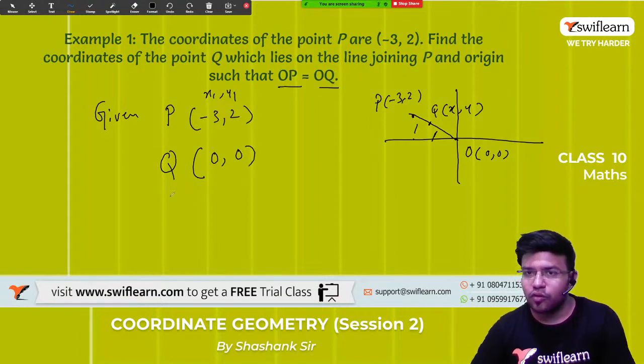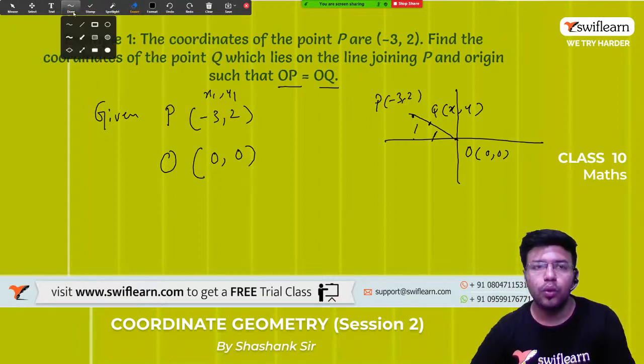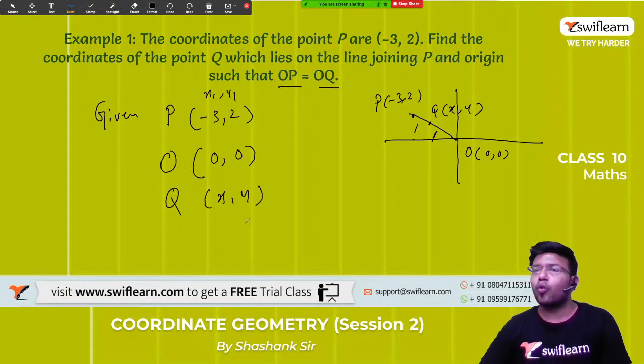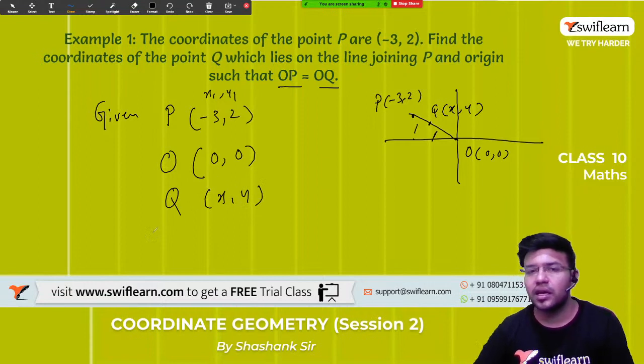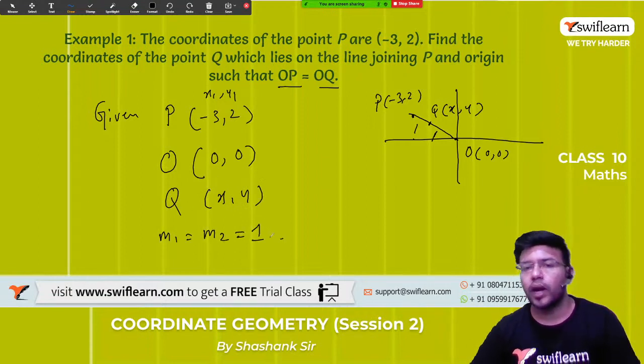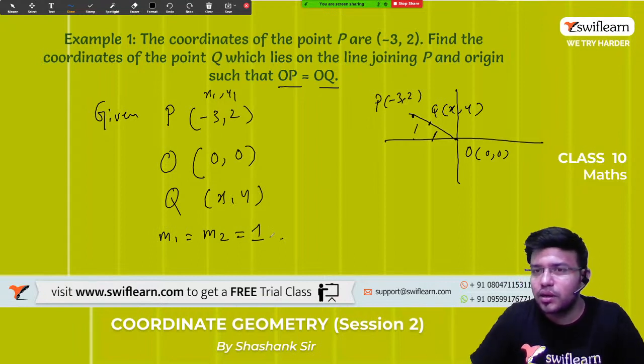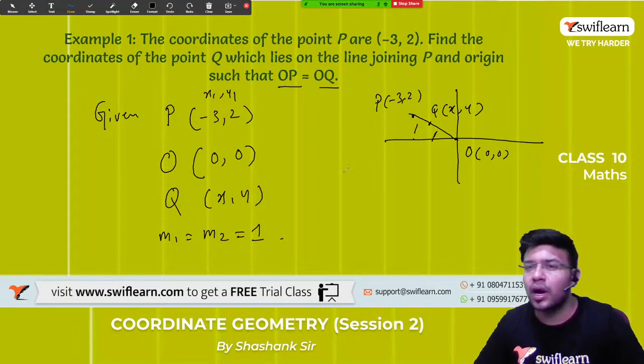Now we need point O. This is point O, and coordinates of point Q is x, y. Now what ratio have they given? क्या दिए है? The ratio m1 is equal to m2 is equal to 1. These are all the given things.